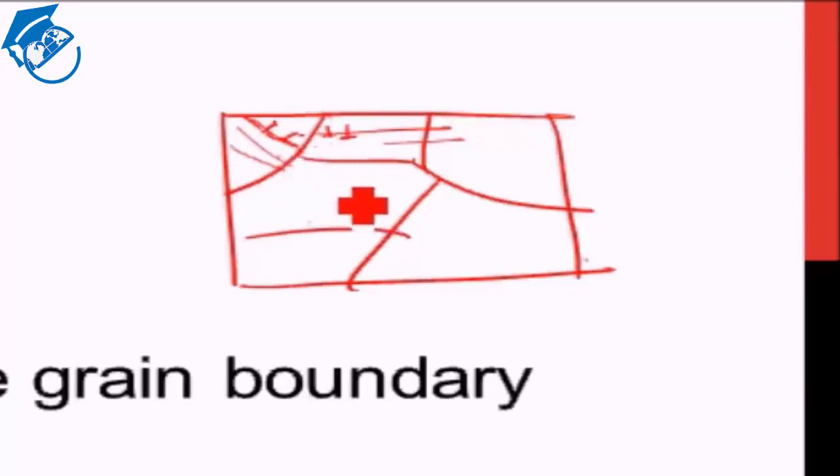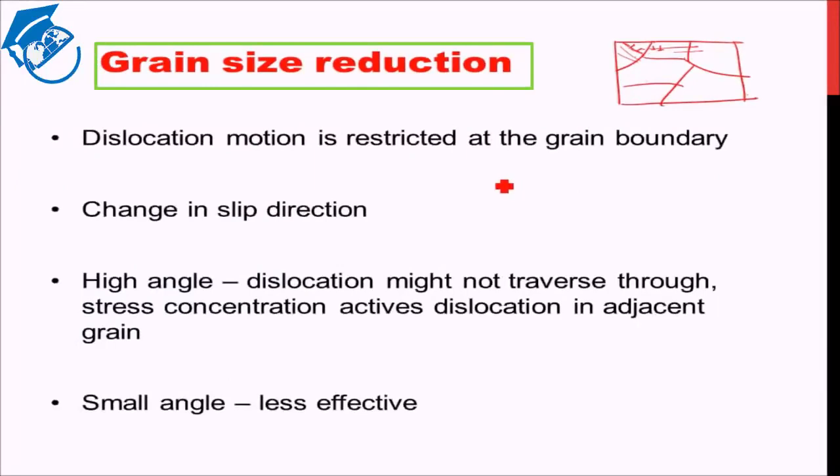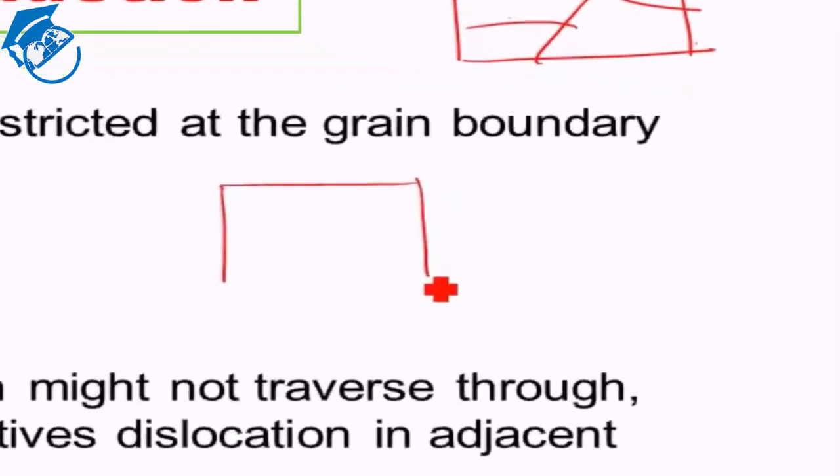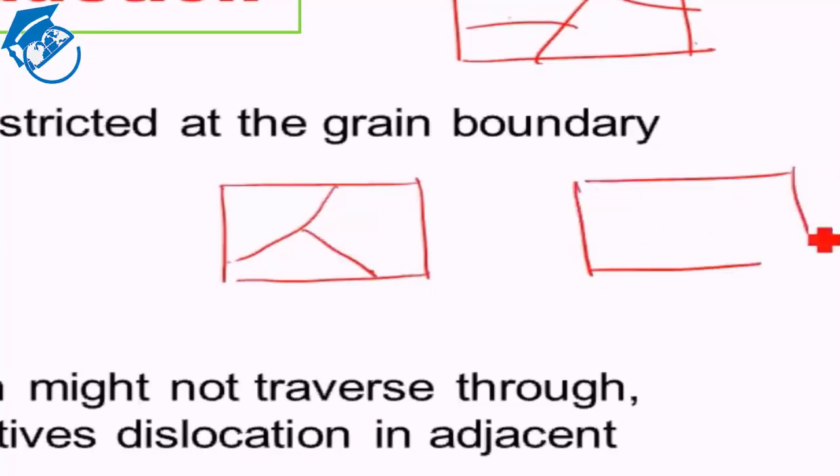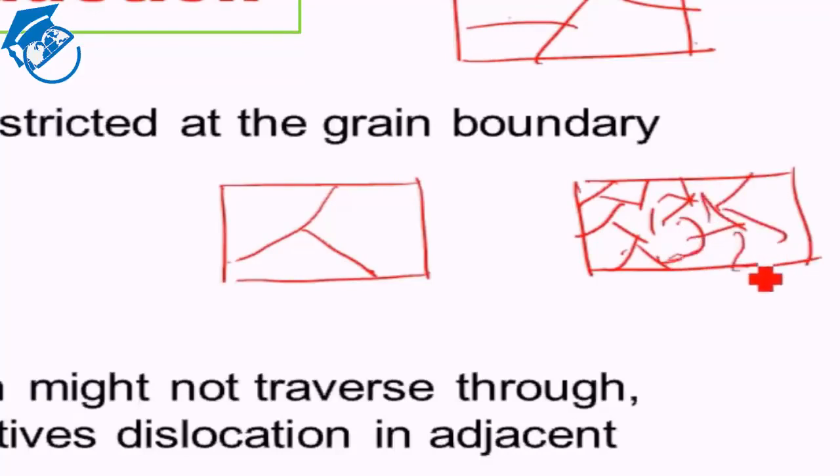Now imagine that you have two scenarios. In one scenario you have really large grains, something like this, and in another scenario you have very small grains. In the second case the dislocation will keep on encountering a grain boundary after very small distances.